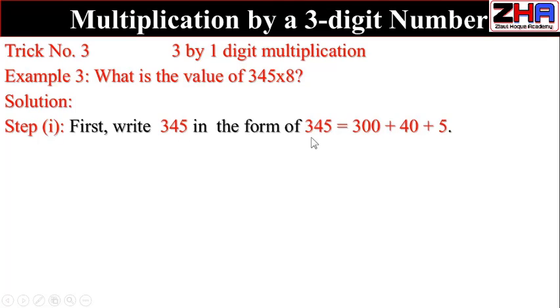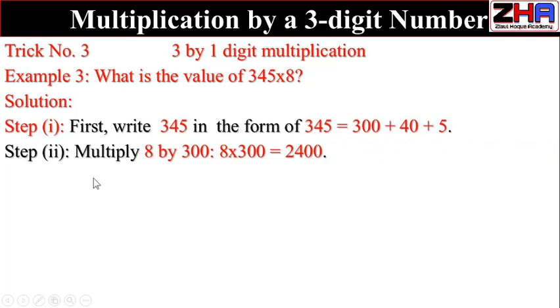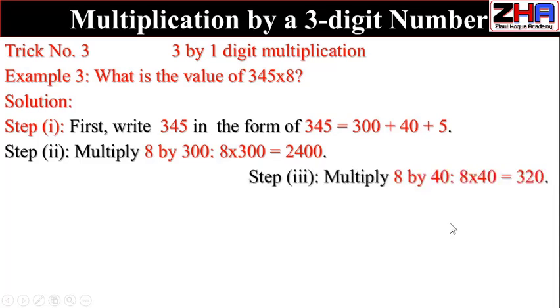First we write 345 in the form of 300 plus 40 plus 5. Step 2. Multiply 8 by 300. We have 8 into 300 is equal to 2400.